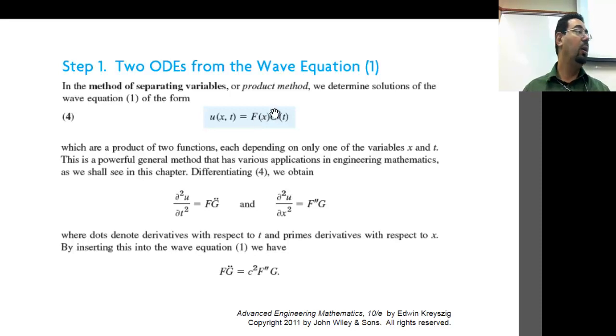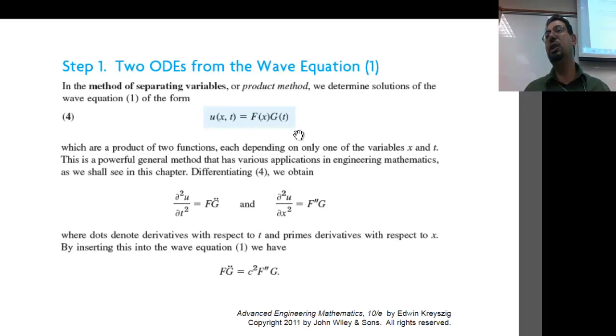When it comes to the differentiation, this guy will remain f. It's this guy that will differentiate once and twice with respect to t, so we make it g double dot. Dot means partial g partial t, but since g is only a function of t, differentiating it with respect to t is like a total derivative. That's the only thing it's a function of.